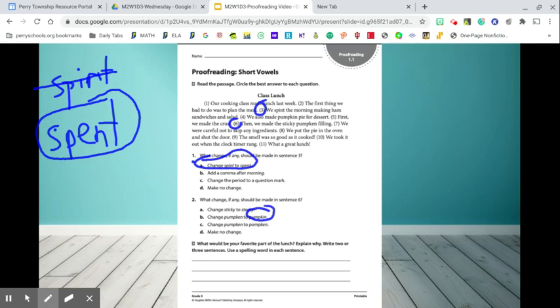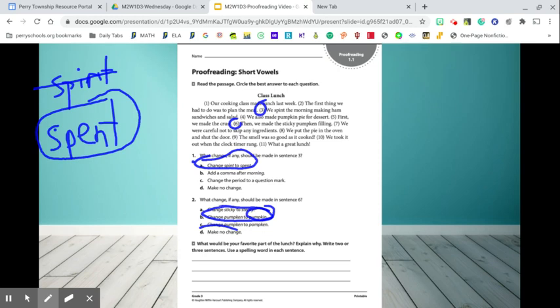And then C says change pumpkin to pumpkin. On this one, we hear the short U in pum, and they're saying we want it to be an O, so we're going to make it short O, which would be ah. So if we changed it to pumpkin, it would be pumpkin. So it's definitely not C. We know we need to change pumpkin. So my answer is B.